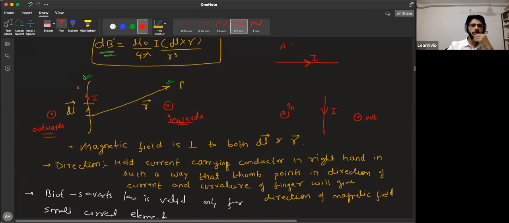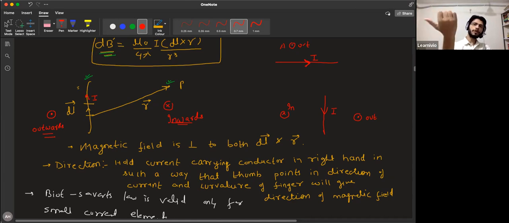Yes, Nabil. Are the fingers inward? Above the wire, the fingers are outwards. See, you are taking the right hand, right? So take your right hand, thumb in the direction of current. Just see the curvature of the fingers.